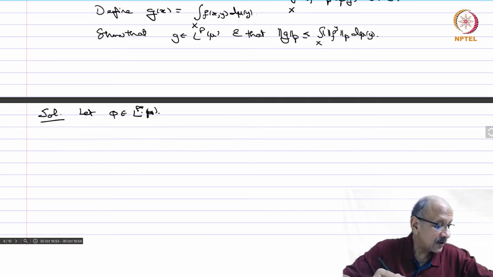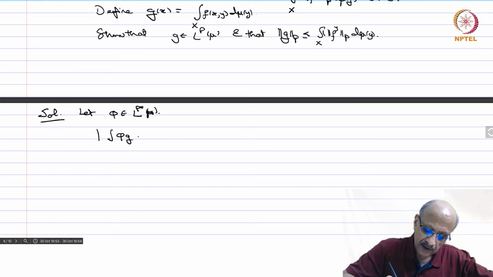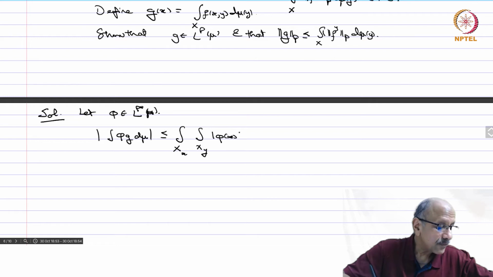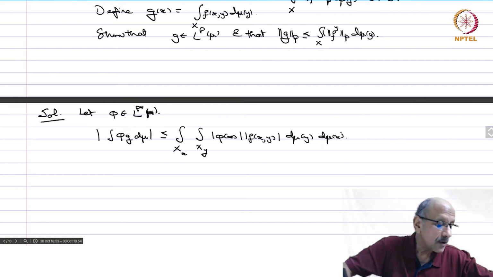Then the modulus of the integral of phi g d mu is less than or equal to the integral over X with respect to x, of the integral over X with respect to y, of |phi(x)| |f(x,y)| d mu(y) d mu(x).